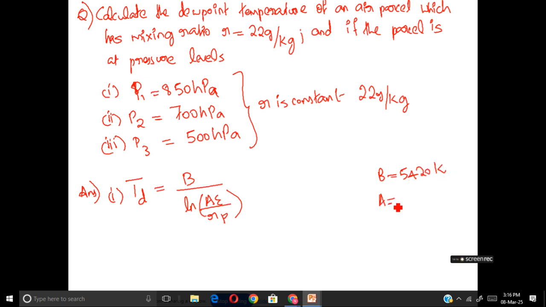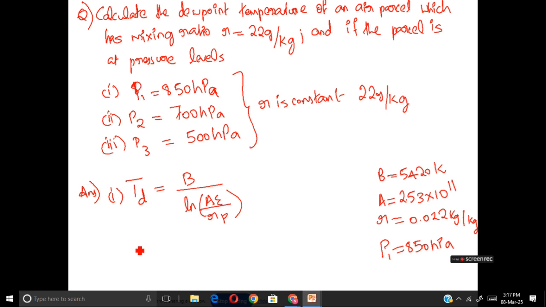The value of A is 2.53 into 10 raised to 11. The value of R is given as 22 gram per kilogram. If we convert it into SI unit, it will be 0.022 kilogram per kilogram. Then the value of P in the first case is 850 hectopascal or 850 into 10 raised to 2 pascal. So while substituting, you have to convert it into pascal and then substitute.